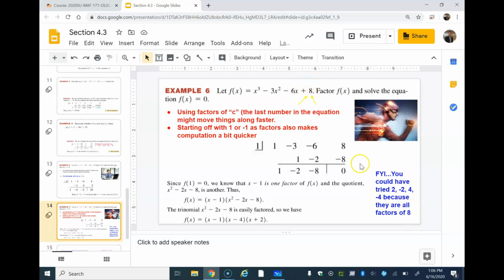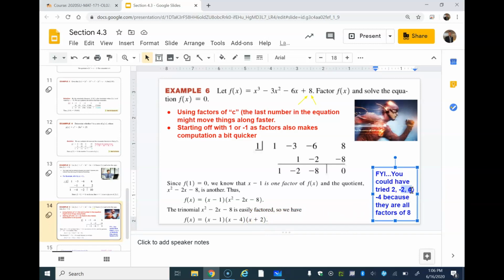And you notice what would have actually worked? We already know the x minus 1 worked. So we could have chosen 4, and we also could have chosen -2. So these parts would have still worked.